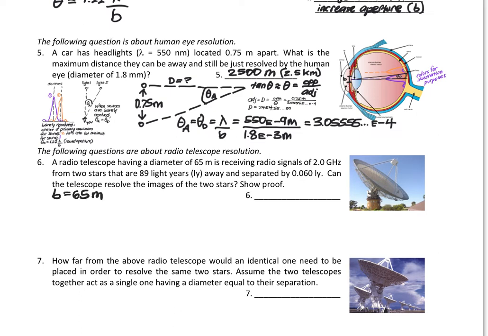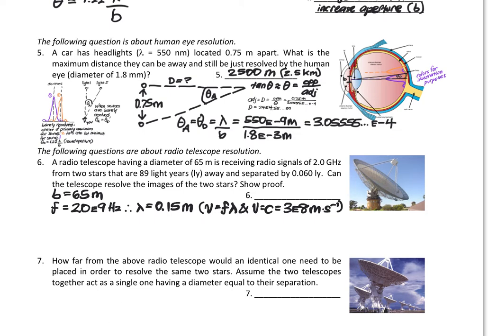And that seems very large, except that the wavelength is also very large. We have a 2 gigahertz frequency, so we can figure out the wavelength from basic V equals F lambda, where V is the speed of light. So there's our wavelength. It's about 0.15 meters, or 15 centimeters. All right.